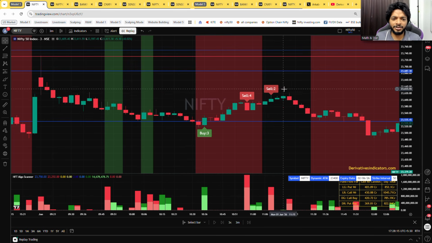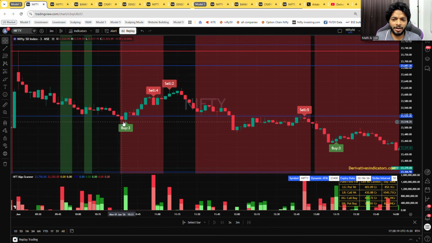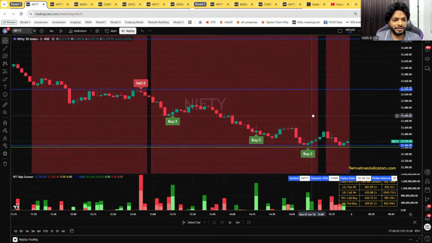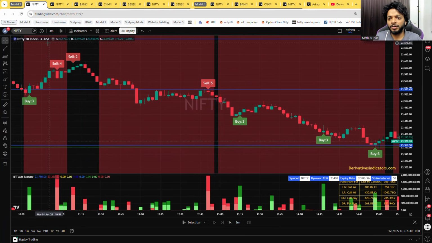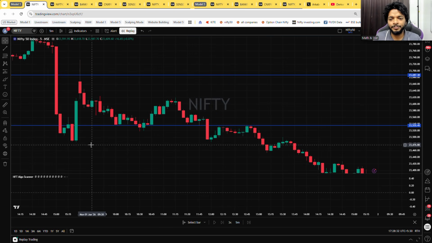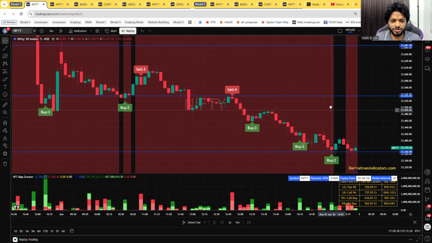So this was the 3 minute chart for today, as you can see. No signal at the start. Right here we got the signal, and then the sell signal, then this sell signal and buy, and again these buy signals, okay? So better not to go beyond 5 minutes or 3 minutes, because the higher the time frame, the fewer signals you get.